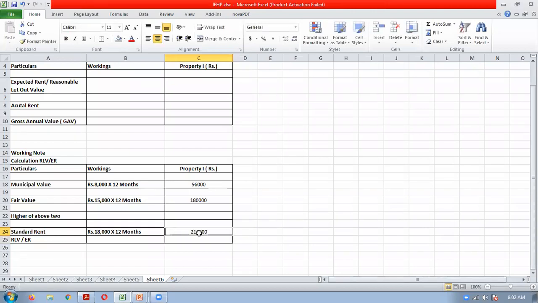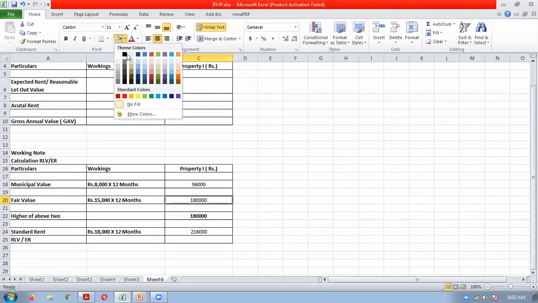Now everybody tell me what will be the RLV for this illustration. First we will compare the higher of the municipal value and fair value, which is 96,000 and 1,80,000. So the higher value will be 1,80,000. So this we will note down separately.